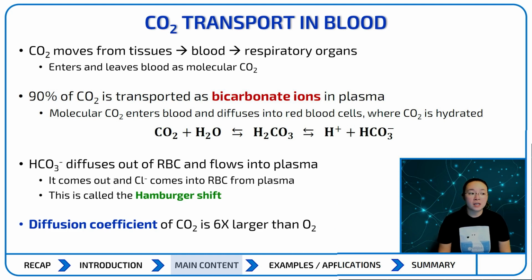It's important to understand that 90% of carbon dioxide is transported as bicarbonate ions in plasma through cellular respiration, where this is the chemical equation for it. Molecular carbon dioxide is going to enter the blood and diffuse into red blood cells, where carbon dioxide is hydrated. Just keep in mind that 90% of carbon dioxide will be transported as bicarbonate ions.